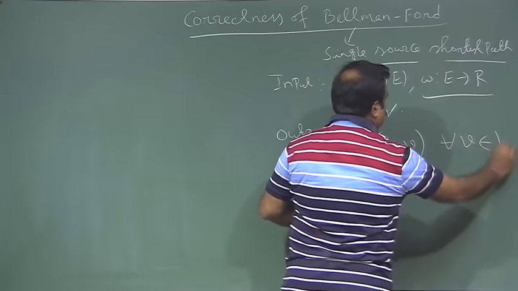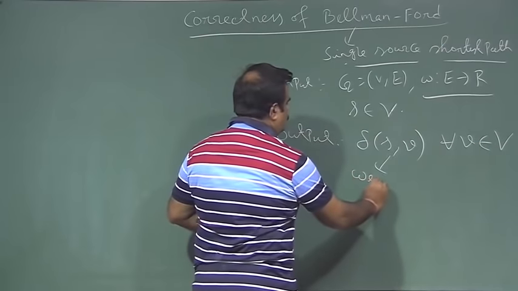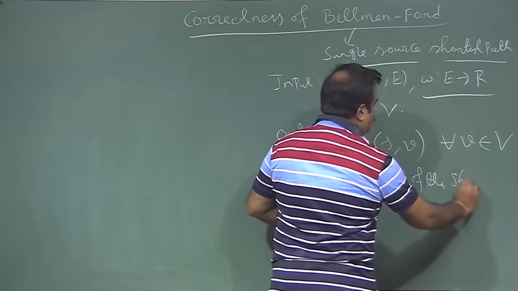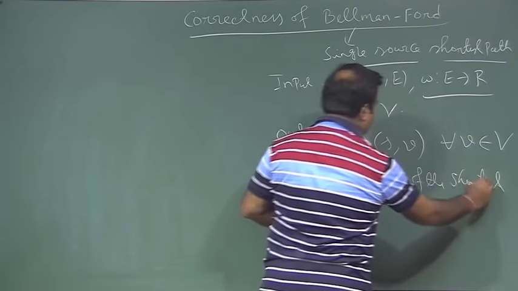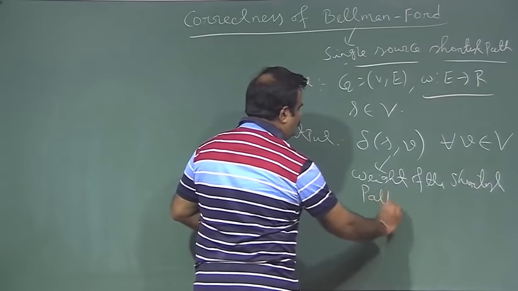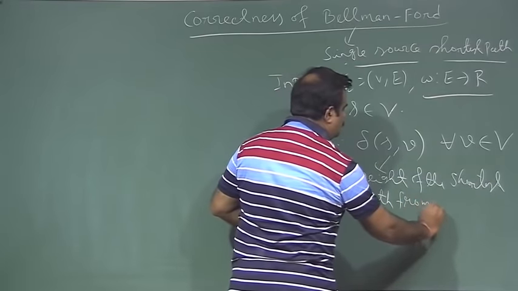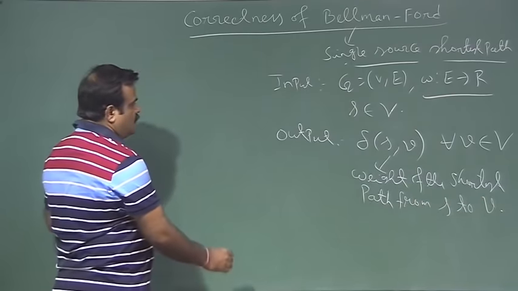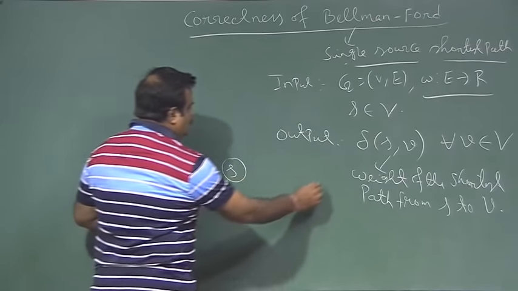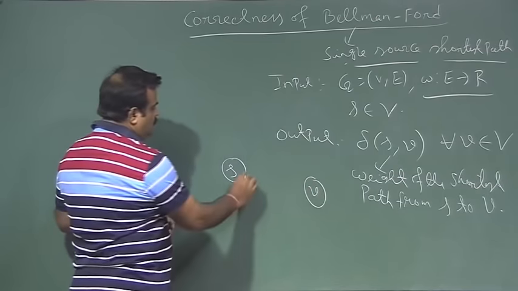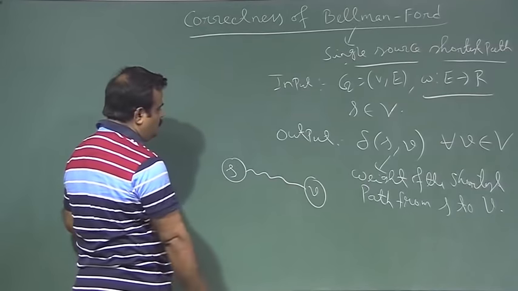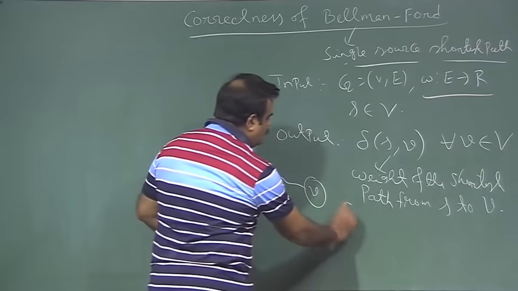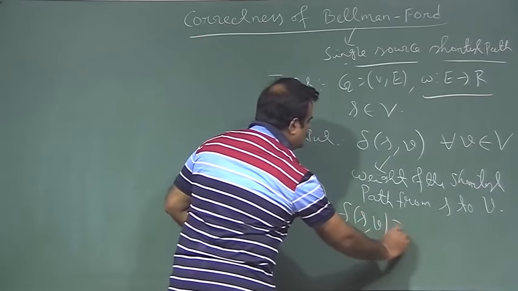So this is the weight of the shortest path from S to V, from the source to the vertex V. That means we have a vertex S and we take any other vertex V. There could be many paths from S to V. If there is no shortest path, then we denote delta of S comma V as infinity.